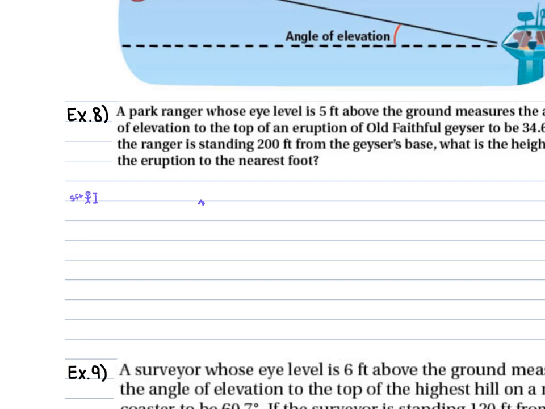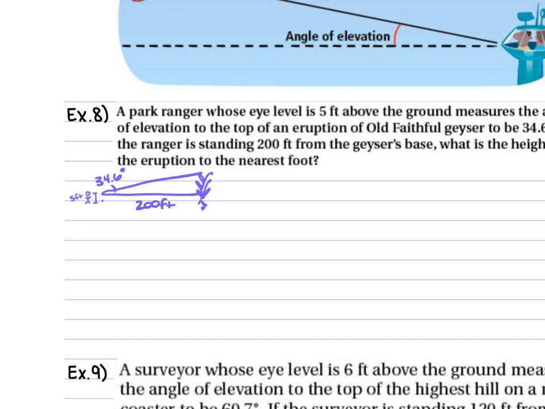Okay, hold on one second, because this has to change. So from where his eye level is up is the 34.6. Okay, so from here, it tells us that if the ranger is standing 200 feet from the geyser's base, so from here to here is 200 feet.